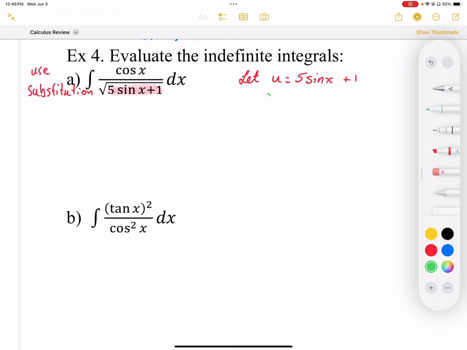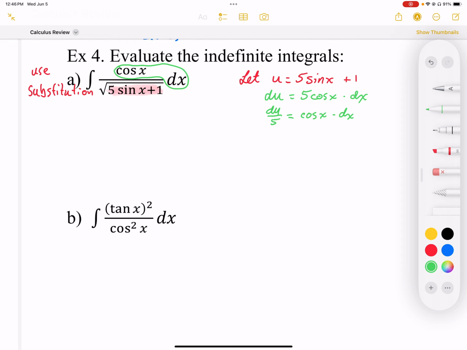That makes my du, the derivative, equal to 5 cosine x times the dx. And notice that there it is. There's my cosine dx. I'm going to solve for my cosine dx by just dividing both sides by 5.